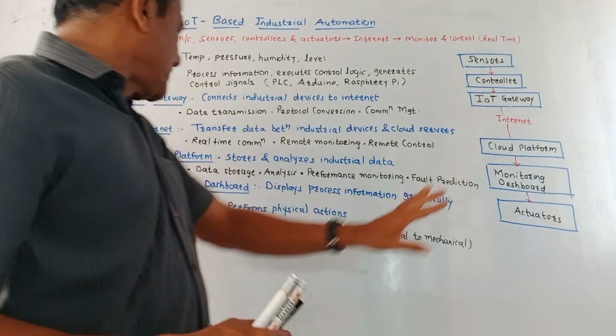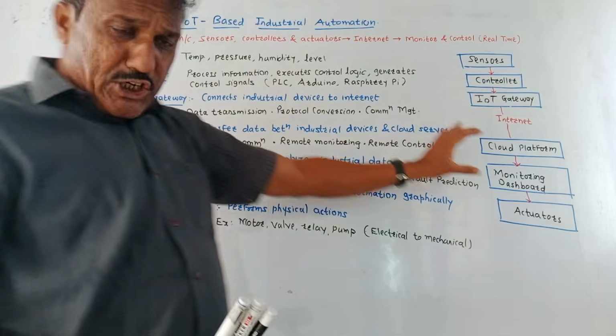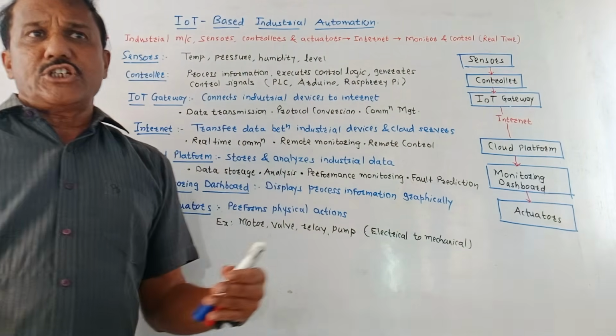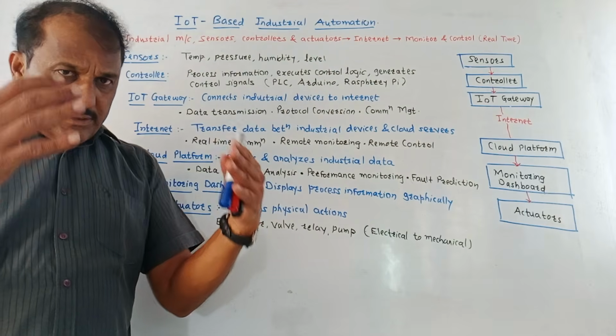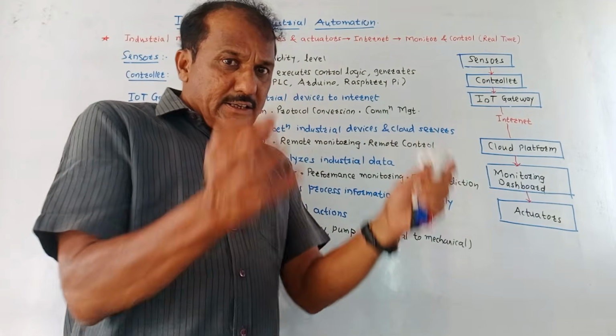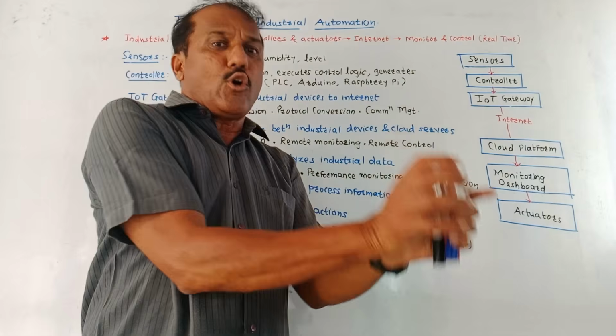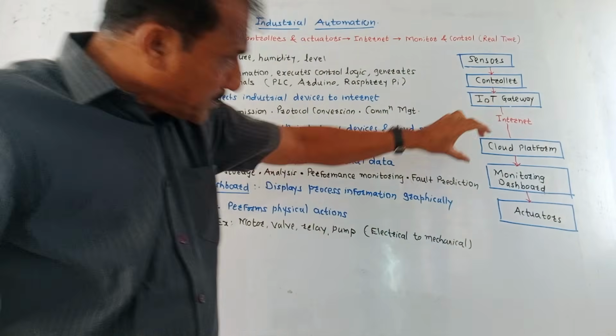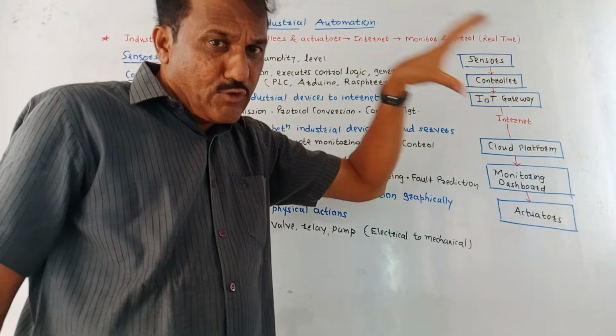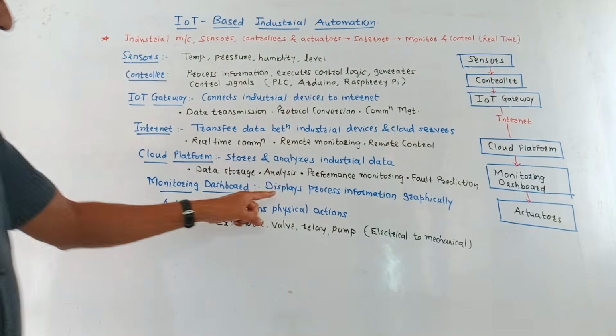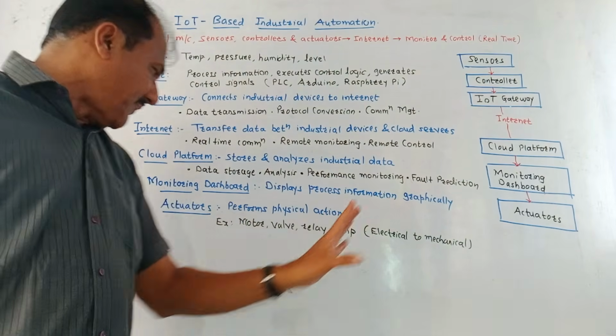So for fault detection, this is helpful. Then monitoring dashboard: whatever controlling or monitoring action is there should be available in visual form, in graphical form. So this block, monitoring dashboard, provides the visual display. So it displays process information graphically.